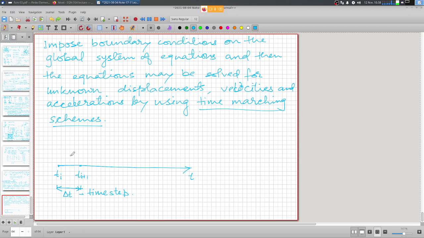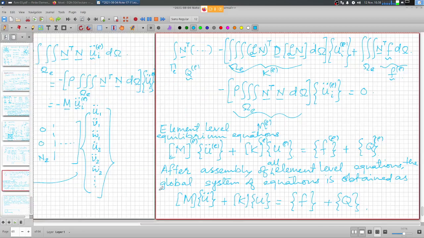So we establish the equilibrium. All these terms are time variant, right? Displacement is a function of time, acceleration is a function of time, forces are functions of time, and external tractions are also functions of time. So what we do here is establish the solution at each individual time instant, starting from the solution at time t equal to 0 using initial conditions.